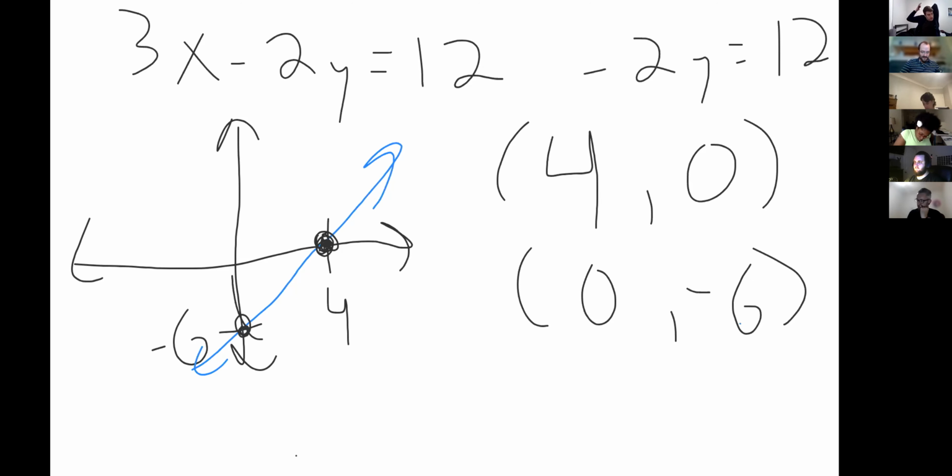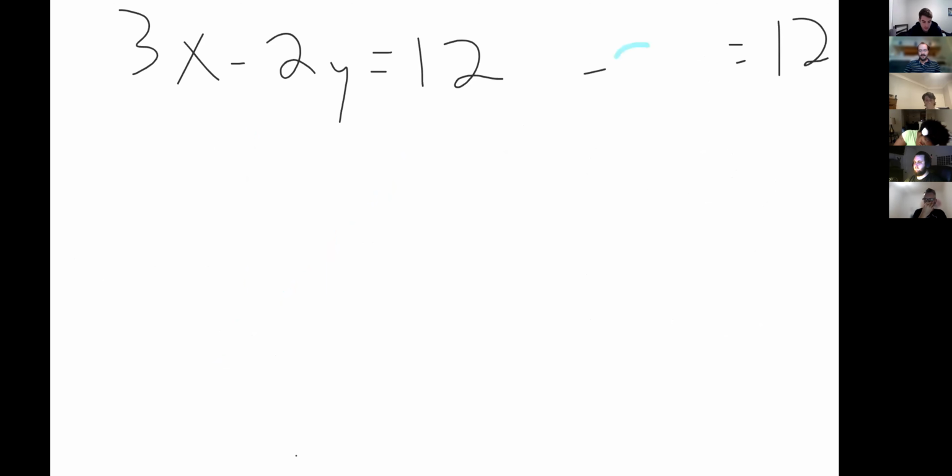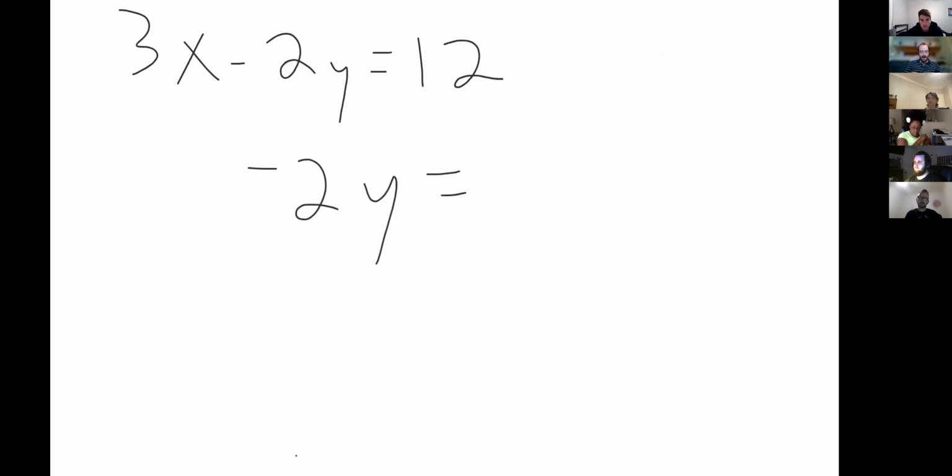You could get the slope off of this graph if you really wanted to, but you'd have to do some simplifying. I don't want to do the slope from the graph. I'm going to delete this graph. I want y'all to tell me how to get my slope from just that equation. And I think Ashley was leading me in the right direction earlier. Right. I want to solve for y to find my slope.